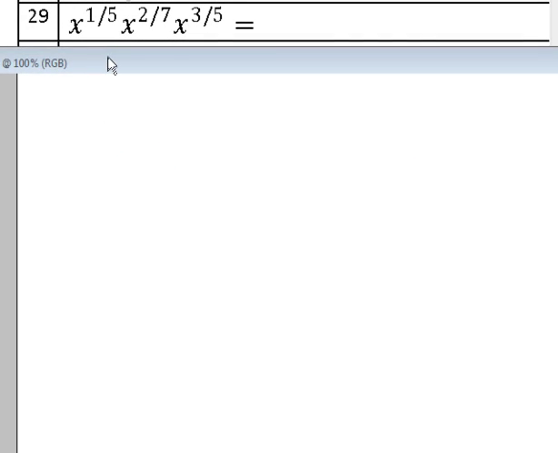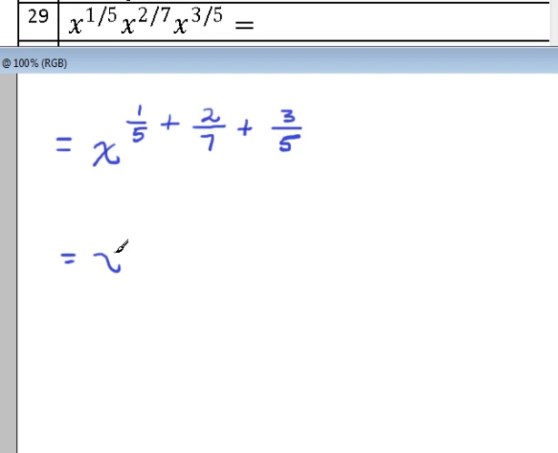Okay, here's number 29. We have 3 powers of x, all raised to fractional exponents. When we multiply powers with like bases, we add the exponents. So we're going to add 1/5 plus 2/7 plus 3/5. Let's get a common denominator of 35.